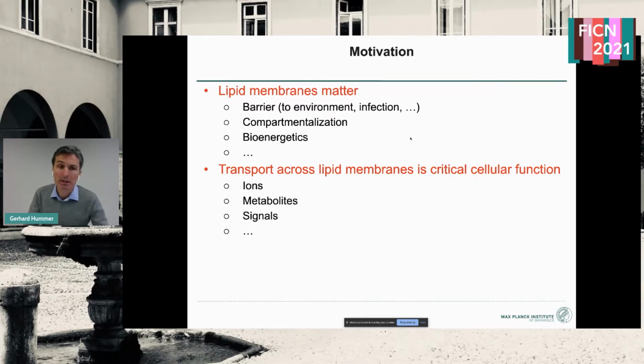As a result of these diverse and important roles, elaborate transport mechanisms have evolved to deal with critical cellular functions. And these transport mechanisms involve ions, metabolites, but also you need to transfer information in the form of signals.